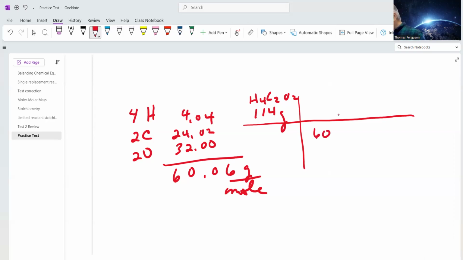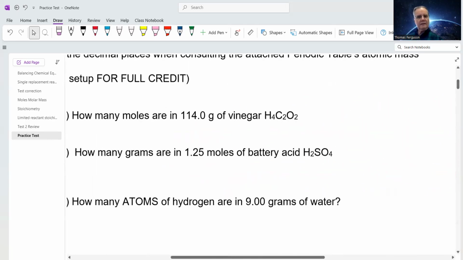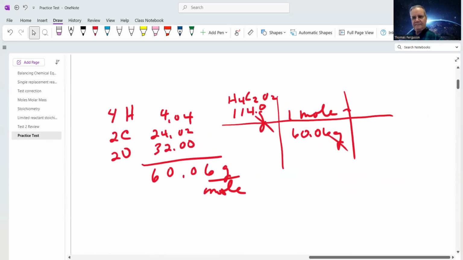So it's going to be grams cancel, and 4 sig figs, right? Yeah, 4 sig figs.